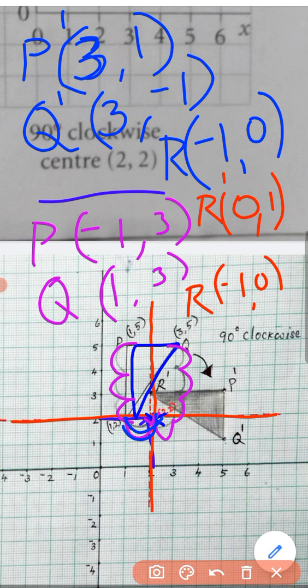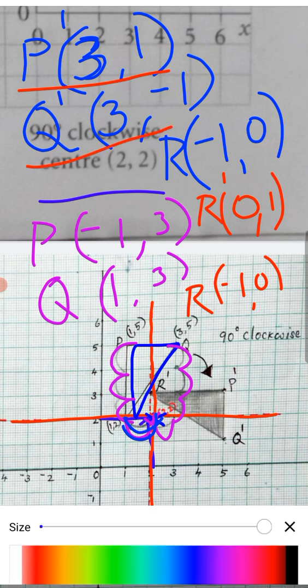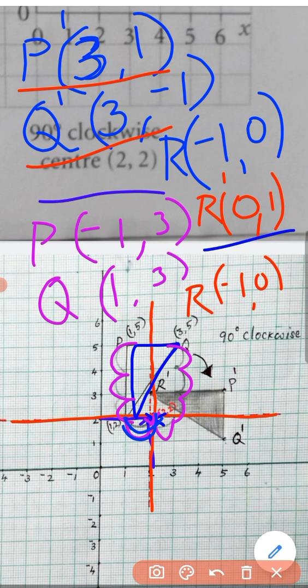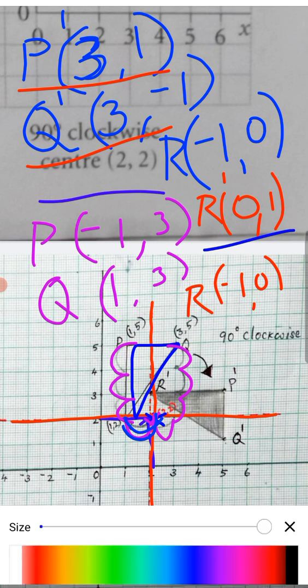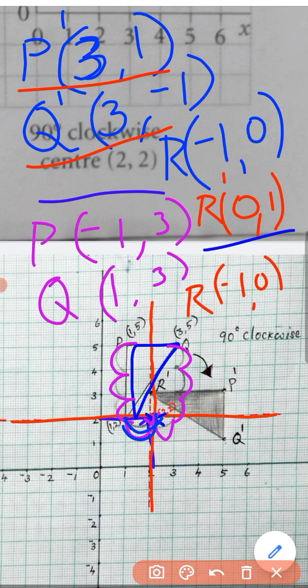Now what is our next step? We have to plot these points, that is P dash, Q dash and R dash. When we are plotting these points, take distance from the center of rotation, that is 2, 2.